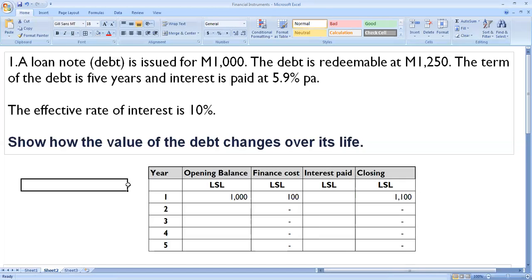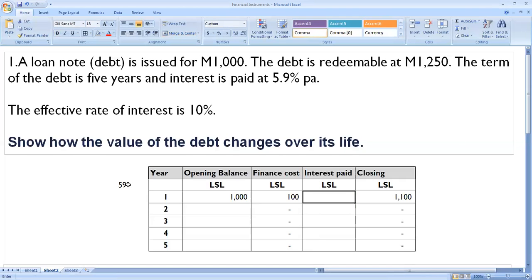Now how much is going to be our interest paid? It's going to be 5.9% of 1,000. 5.9% is 0.059, so it's 59. Now the opening for year 2 is the closing for year 1, and still 59.